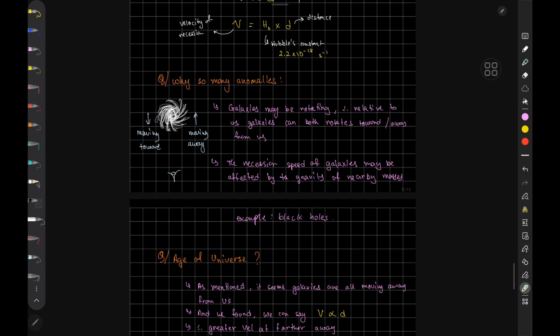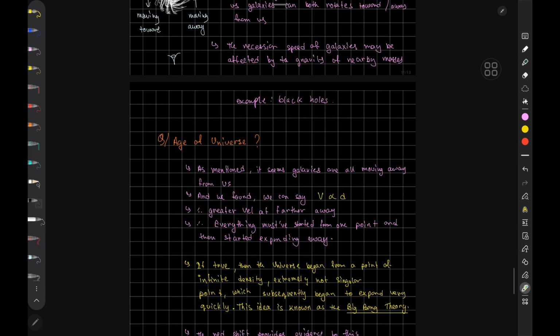But we find the best fit to indicate what the recession velocity should be of a given star or galaxy, granted they are x distance away from us.